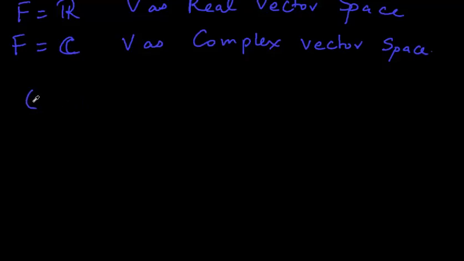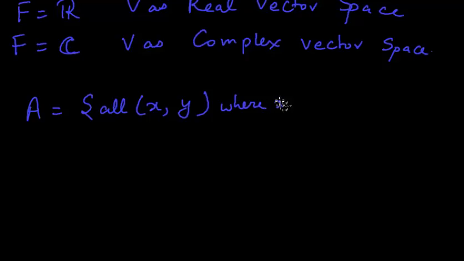And let's try to be more formal. If A is the set of all (x, y), where x and y belong to the real numbers, then A is a vector space, or it could be 2 by 2 matrices.